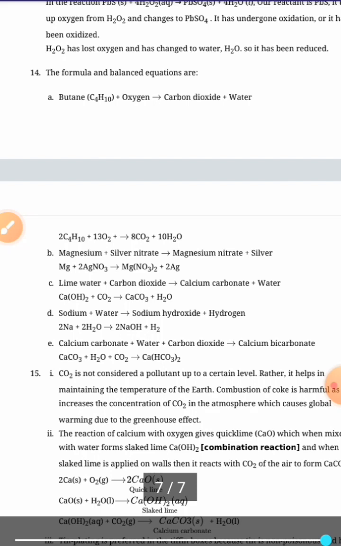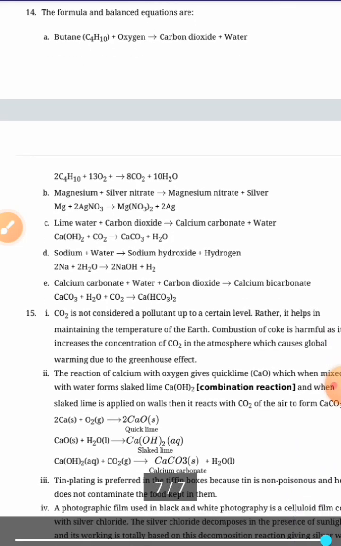Lime water plus carbon dioxide gives calcium carbonate plus water. Calcium hydroxide Ca(OH)2 plus CO2 gives CaCO3 plus H2O. सोडियम प्लस वाटर gives सोडियम हाइड्रोक्साइड प्लस हाइड्रोजन: 2Na plus 2H2O gives 2NaOH plus H2.